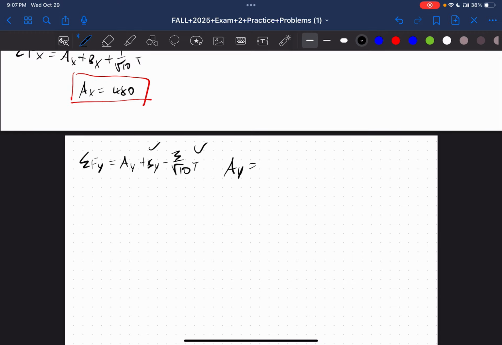Ay is equal to negative 1810 newtons. Ay plus B, yep, that's right.